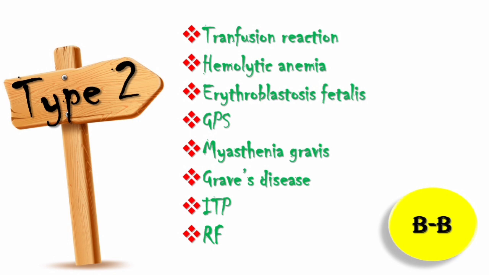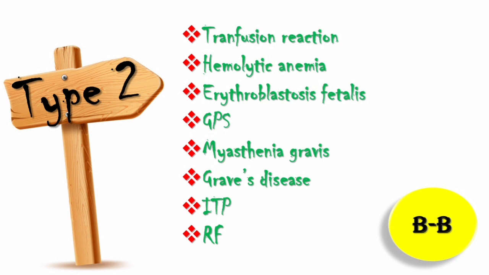Now, the examples are transfusion reaction, hemolytic anemia, erythroblastosis fetalis, GPS, which is Goodpasture syndrome, myasthenia gravis, and Graves' disease. Graves' disease was previously classified under type 2, but now some people say Graves' disease comes under type 5.